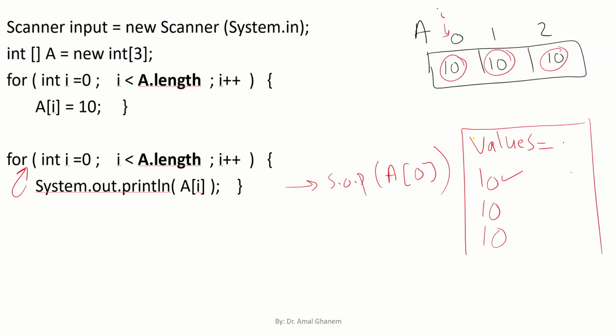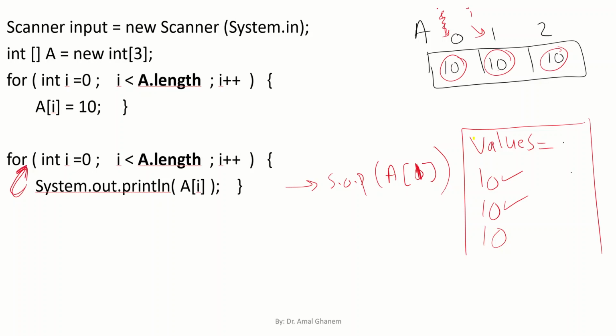Start the loop again, do the second iteration. Increment I, so it means I now will be moving to the second location, which is I as 1. Inside the loop, A of I, which means do the output of location 1. This is location 1, inside location 1 is 2, so this is the output.